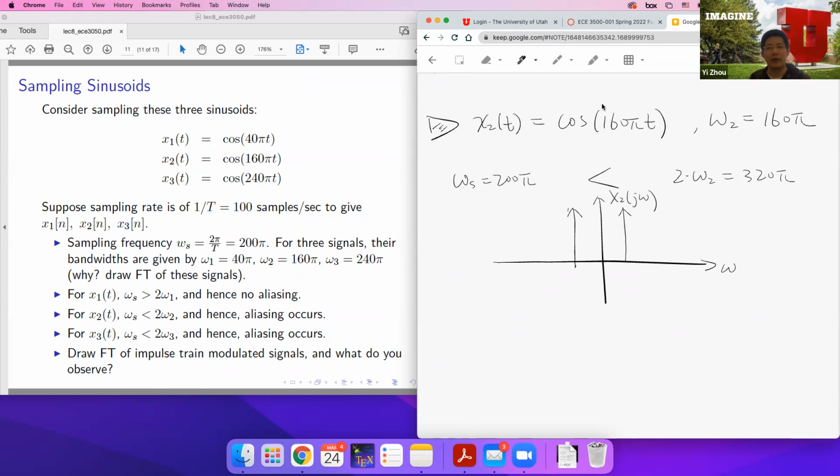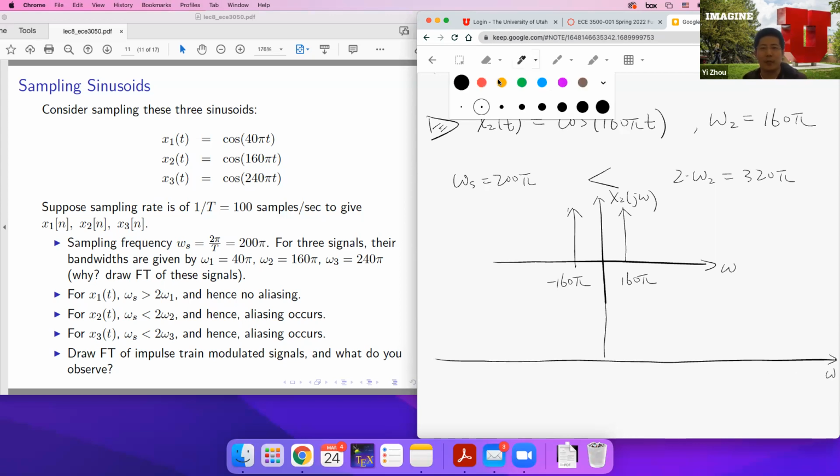They are now located at 160 pi. And then we start looking at the spectrum of the sample signal. Again, it's basically the same steps. For the first copy, it's basically the original spectrum.